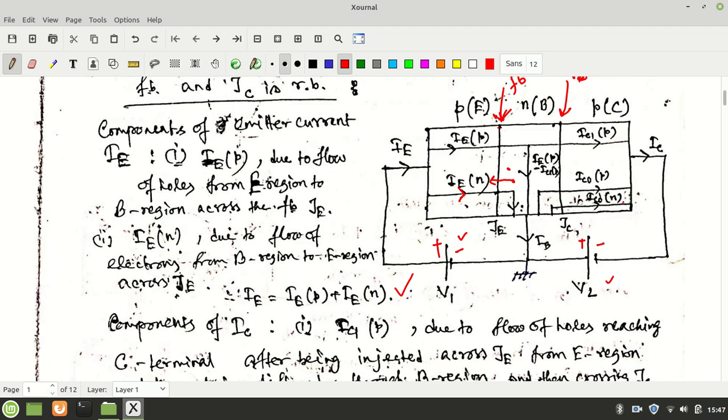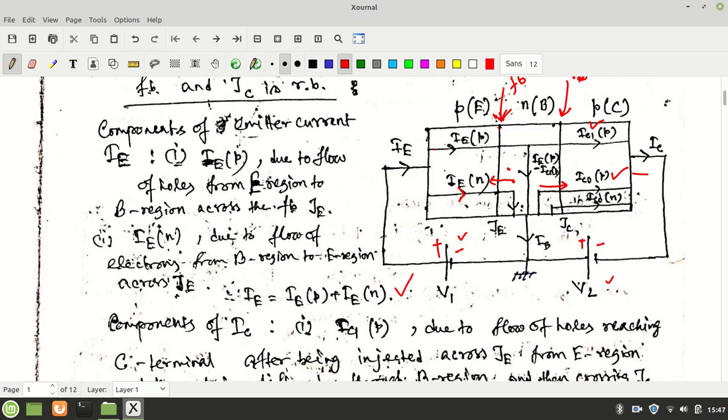As the negative terminal is connected to the collector, the holes will be attracted in this direction, so it will constitute a hole current, ICOP, that is the reverse saturation current due to holes. Similarly, the reverse saturation current due to electrons, ICON, will also flow. And this one is the main component of collector current, which is IC1P. What is that?